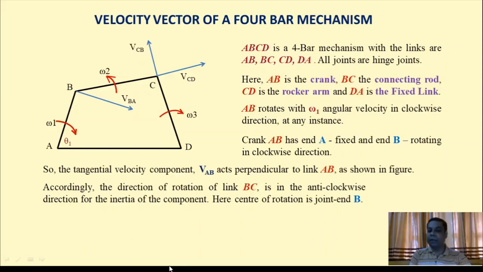This is the point you must understand: for adjacent links in this type of mechanism, if the inscribed angle is less than 180 degrees, I repeat, less than 180 degrees, then when one link rotates clockwise, the adjacent moving link should rotate the opposite way, anti-clockwise.